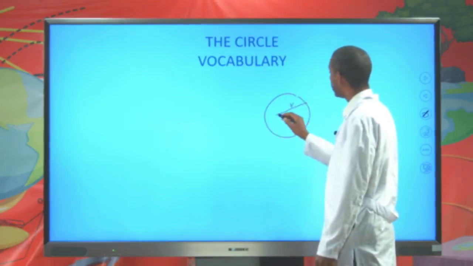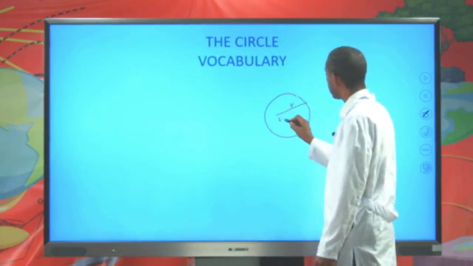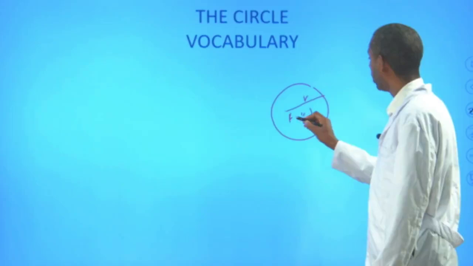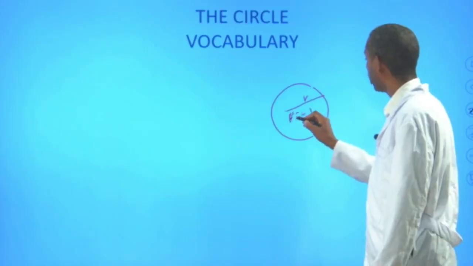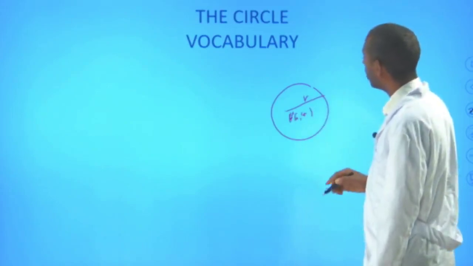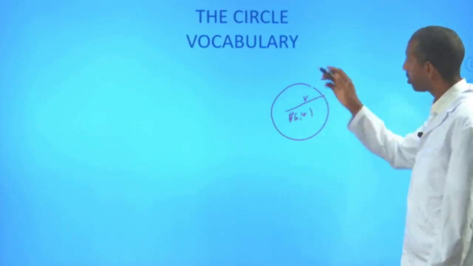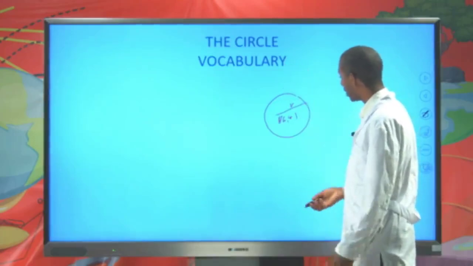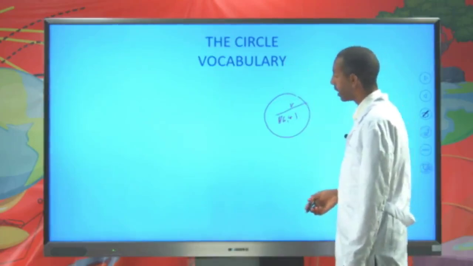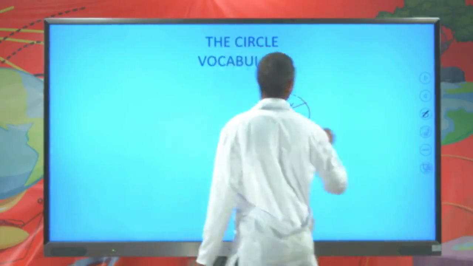And this center, we may represent using the variables h, k. Then we have those important vocabularies, the radius and the center of the given circle.